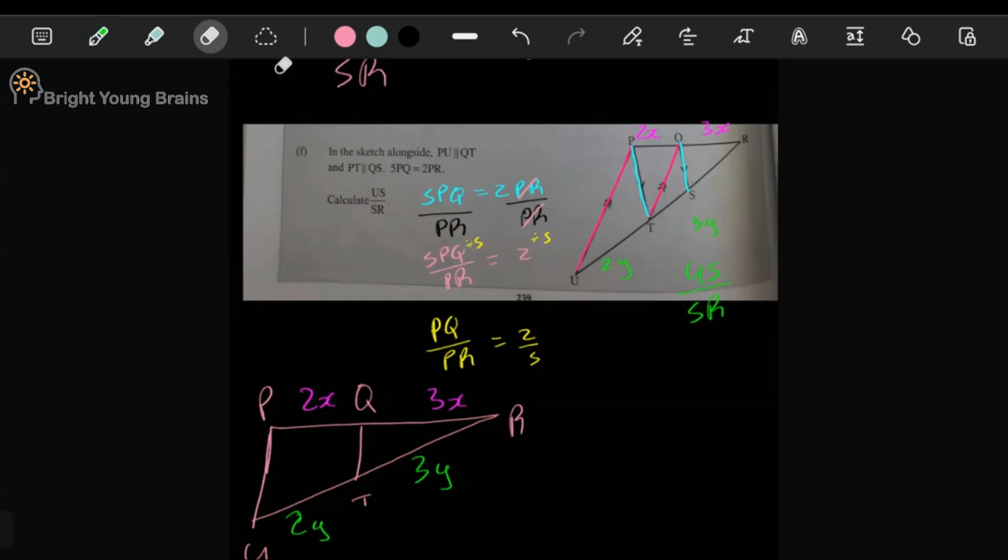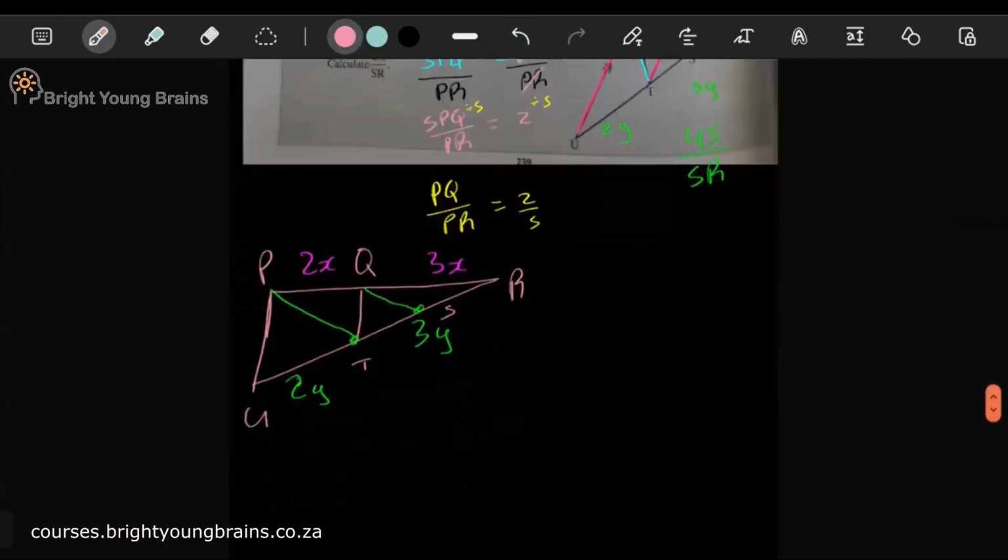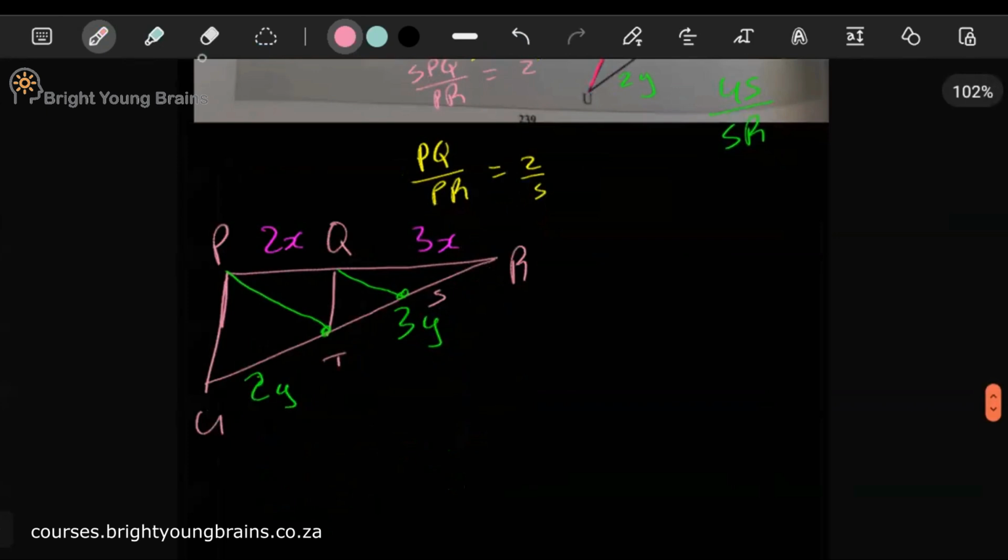Now this is going to help us with the next thing that we're going to write out, because you see that we have this line here, we have PT and we have QS. Let me put S over there. Now the good news is, let me even write it better because you're going to see it just now.